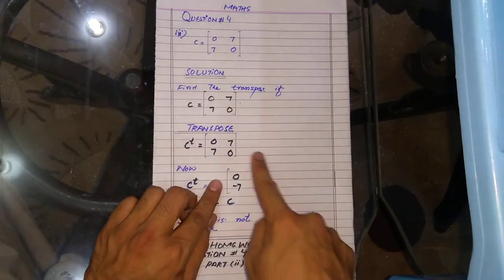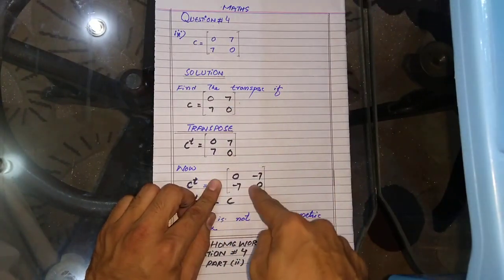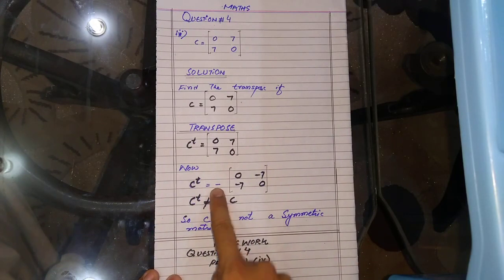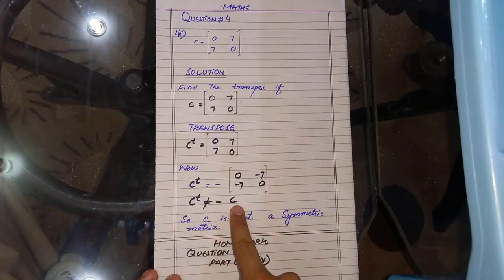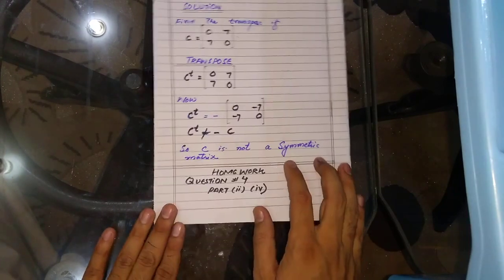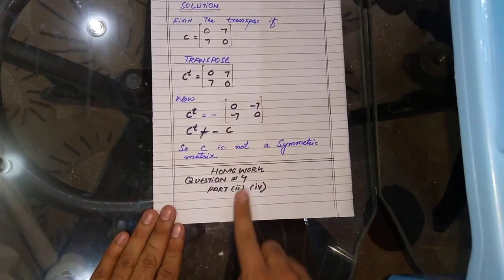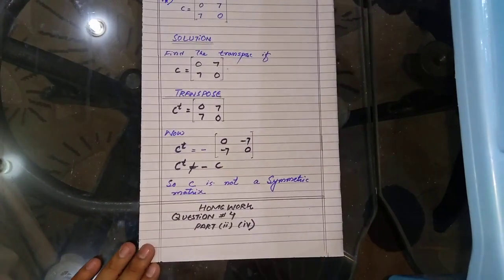So look here student, no, this is not the same as C. So you can say that the transpose of C is not equal to minus C. C is not a skew symmetric matrix. Now student, question 4, part 2 and 4 are your homework. Thank you very much student.